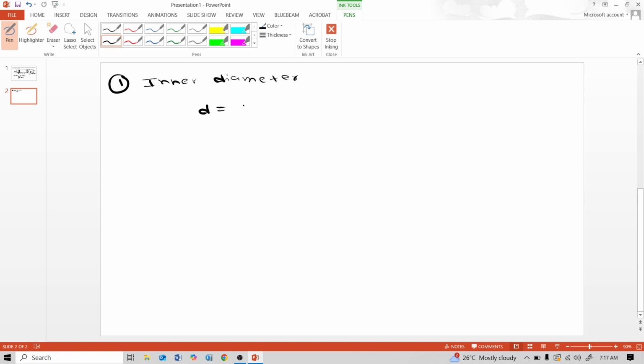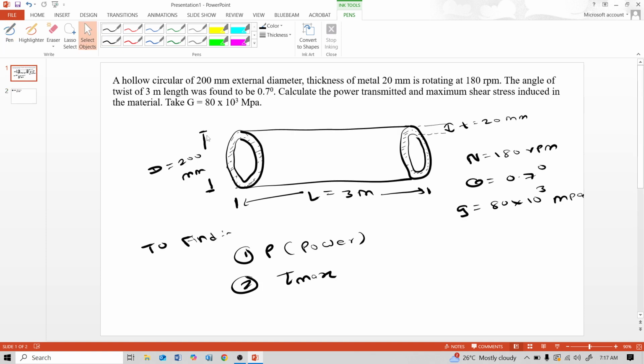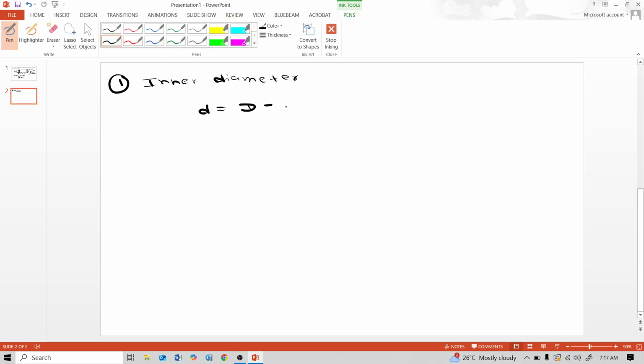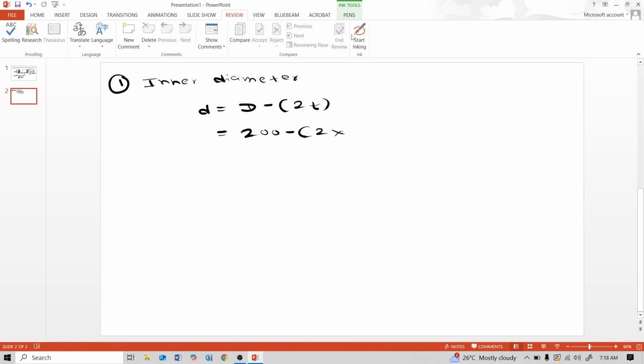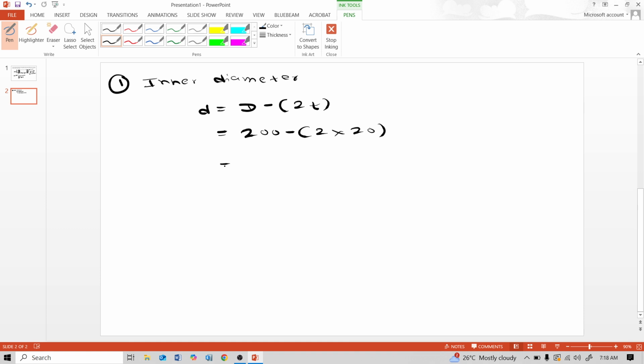Inner diameter small d is equal to capital D, which is 200 mm, minus 2 into thickness, because the thickness is on the top side and bottom side also. Small d is capital D minus 2 into small t, 200 minus 2 into 20. 160 mm is the inner diameter.